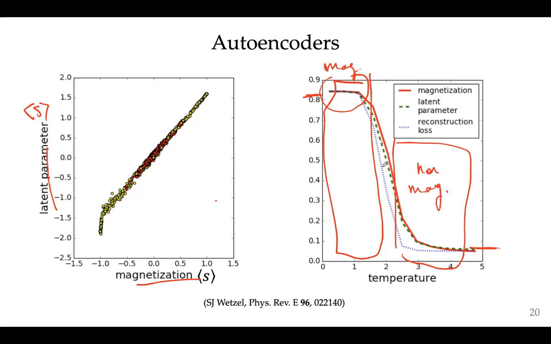Now you can look at the border that distinguishes these two. It's around 2.2 or 2.3, and it's indeed the critical temperature in the model. So this unsupervised model can actually distinguish the two phases and learn from the data what's important in the data, in this case, the magnetization.